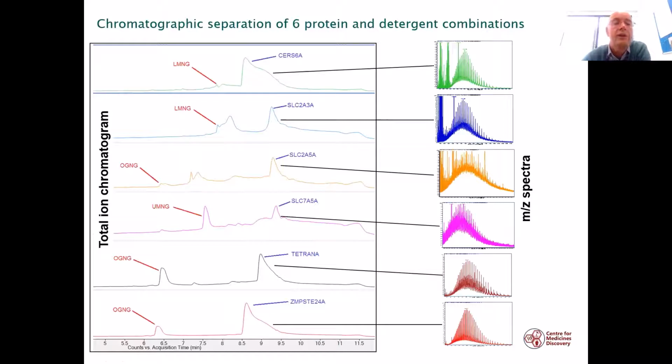I've got 6 different examples here, 3 different detergents and 6 proteins, and they're all separated by roughly 2 minutes in the chromatogram. And then this second peak, this is your protein eluting off the column, and this is a standard m/z spectrum, and this will deconvolute and give you your structural information.